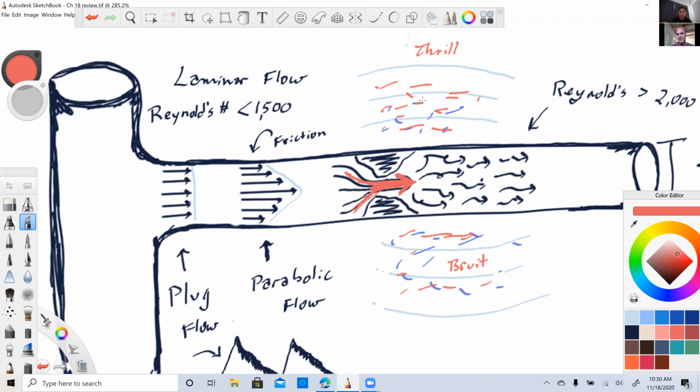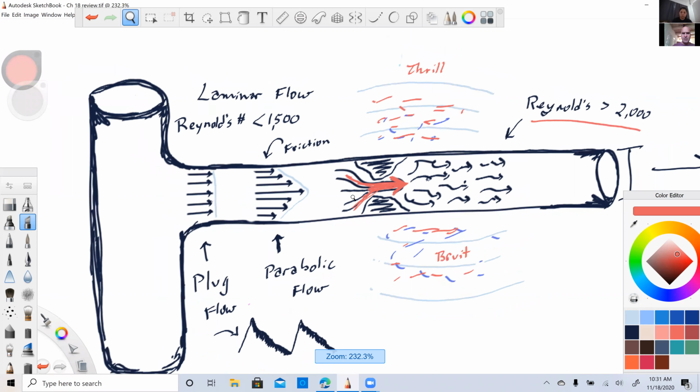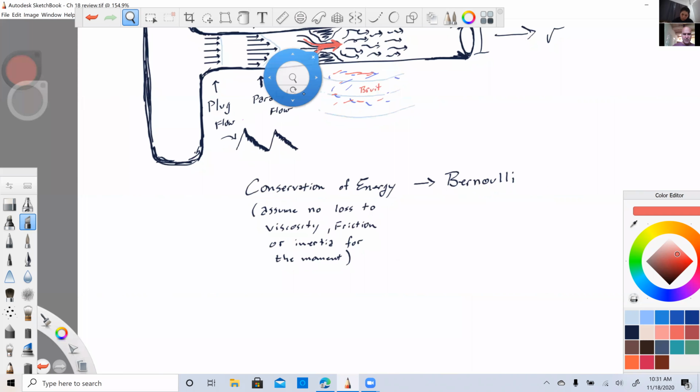Let me just show you really quickly another way of getting a Reynolds number of more than 2,000. I can't remember. I don't think the book covers it, or if it does cover it, it's just kind of mentioned somewhere.